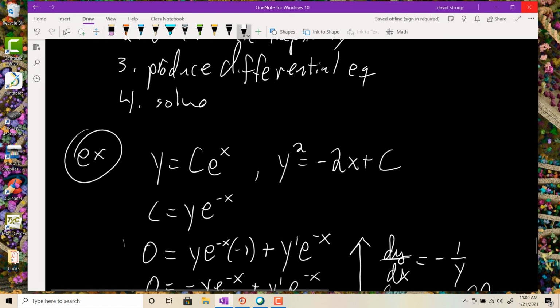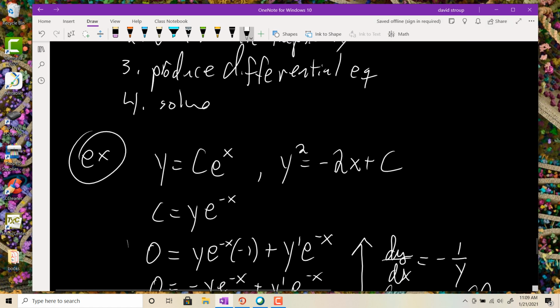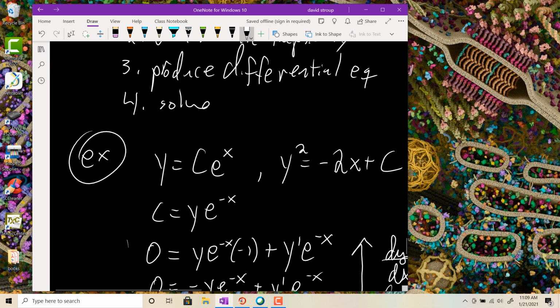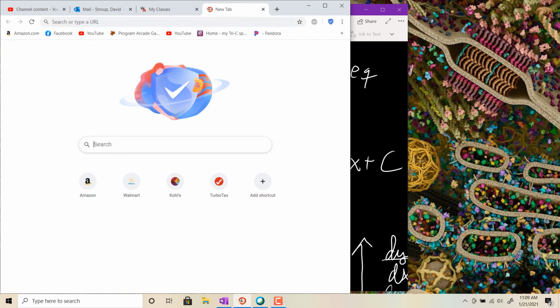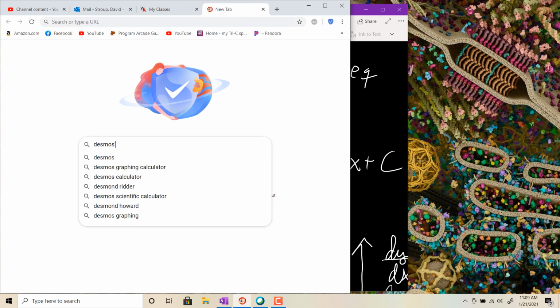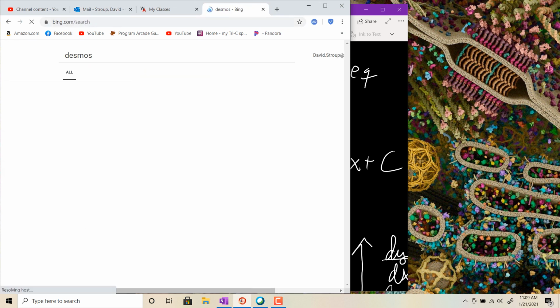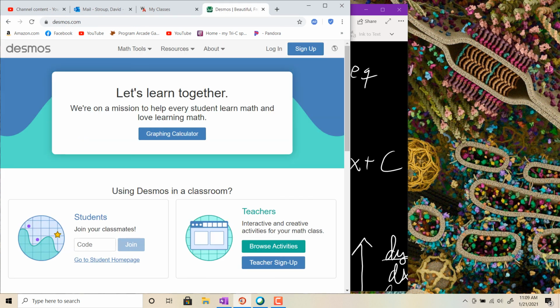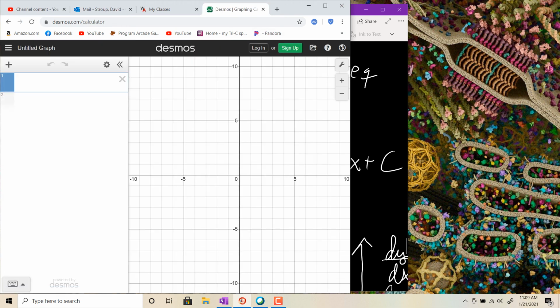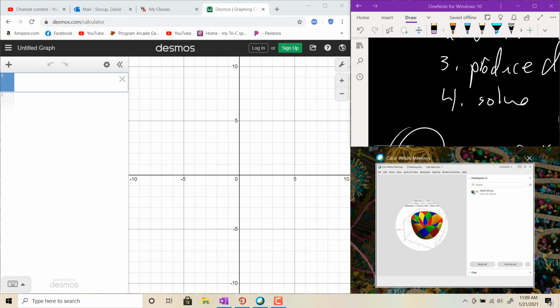Okay, and you could go to Desmos or something and fool around with it there and look at the curves to see if they're orthogonal. Maybe we should do that for fun. I'm not very good with Desmos, but all right.